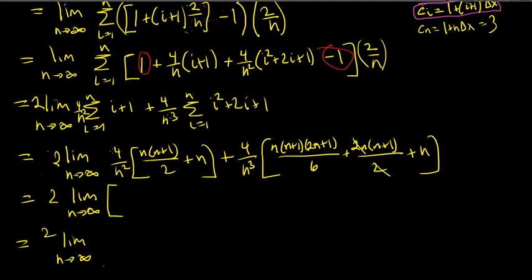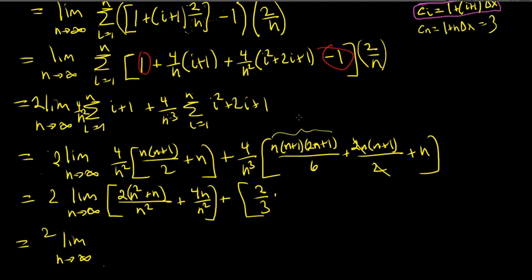So what are we going to get here? 4 over 2 is 2, and then you get n squared plus n all over n squared. And then you get 4n over n squared. And then, well, let's do the second series here separately. 4 over 6 is 2 over 3. And then, oh boy, so all of this becomes 2n cubed plus 3n squared plus n.